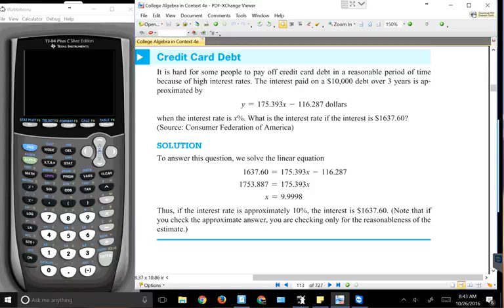Well, we can go through and solve that, right? Because this value here is the output, what comes out of this. That would be our y. So you'll notice here that they went through and they solved it and they find out that the interest rate is very, very close to 10%.